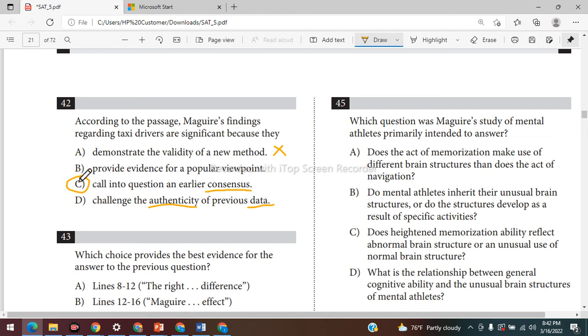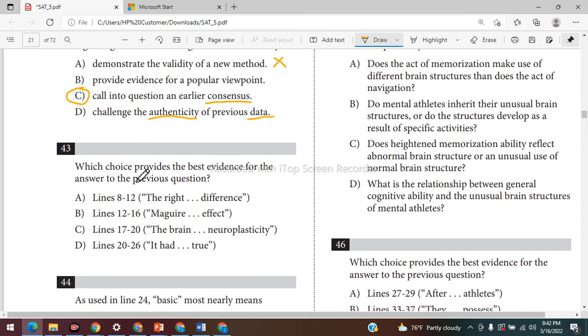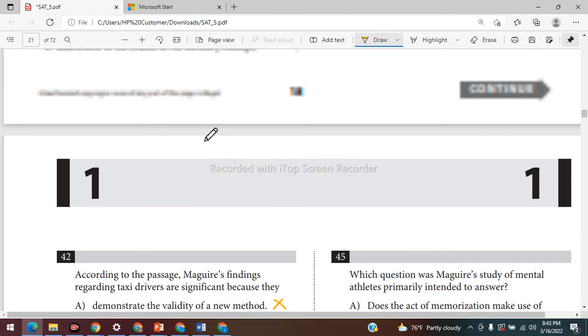Alright? Do you understand that? Hello out there. Yes, sir. Okay, just making sure. Which choice provides the best evidence to answer the previous question? B, let's go.